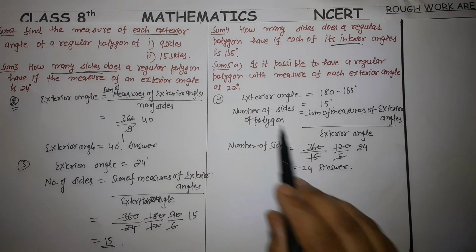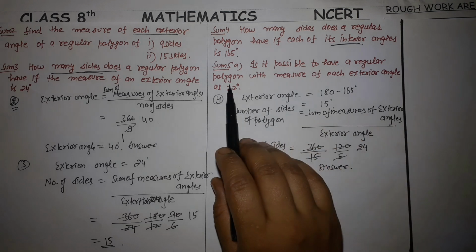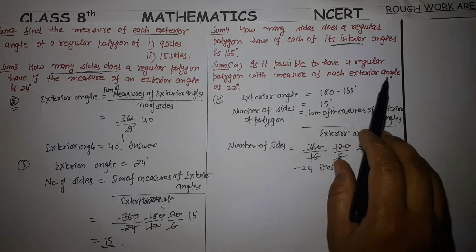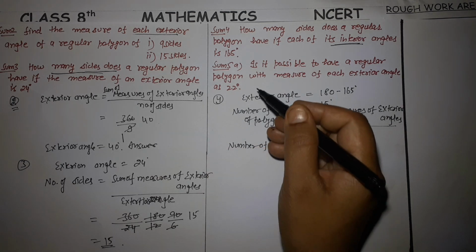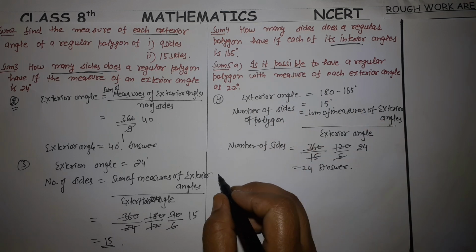Next, sum number 5. Is it possible to have a regular polygon with measure of each exterior angle as 22 degree? The statement asks us, is it possible? See how we will do.